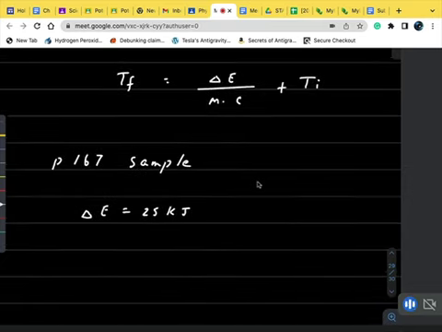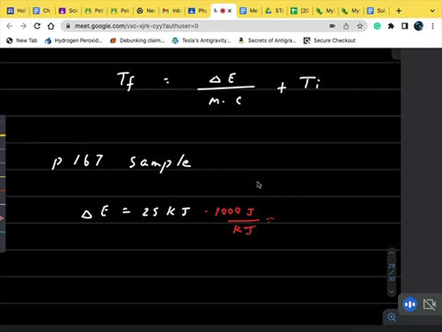We're going to convert it to joules. Remember, converting kilometers to meters, there's 1,000 meters in every kilometer.